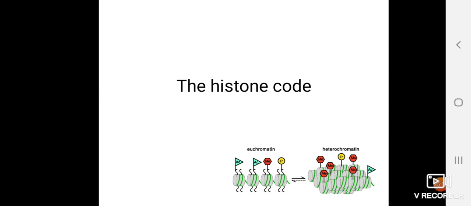These modifications are read by specific types of proteins carrying either a bromodomain for acetylated lysine or a chromodomain for methylated lysines. This methylation has a very important role in conversion of a euchromatin region into a heterochromatin region, and methylation also acts as an epigenetic marker.